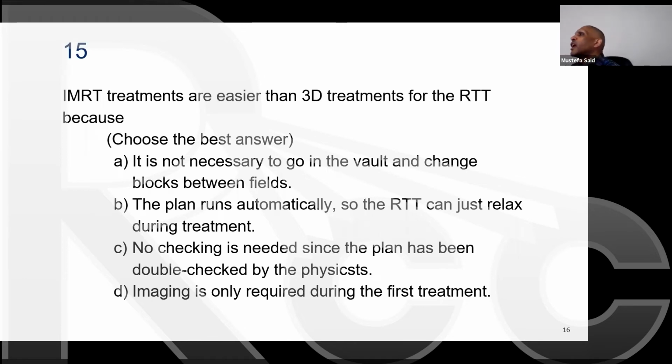Again, great. 68% answered A, and 27% answered B. Nobody answered D, which is great, because on IMRT you will be taking film, sometimes daily, depending, or periodically. So the answer is A.